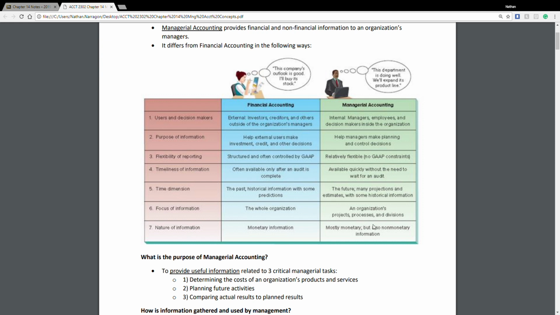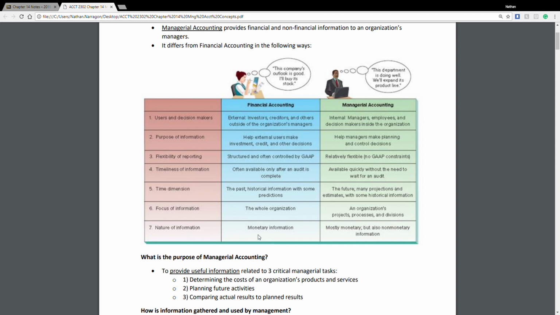The focus of the information is usually on projects, processes, divisions. Again, should we accept doing business here? Do we need to decrease direct materials? They're all decision based. And of course, it's mostly monetary.